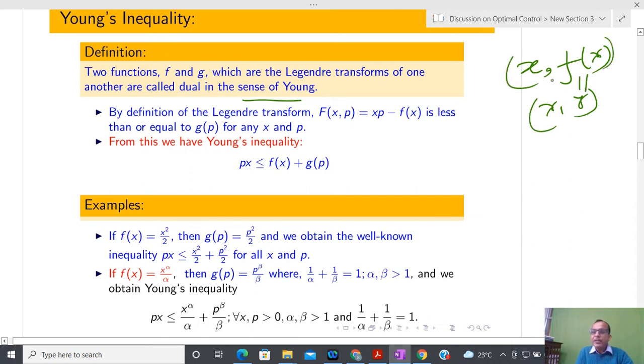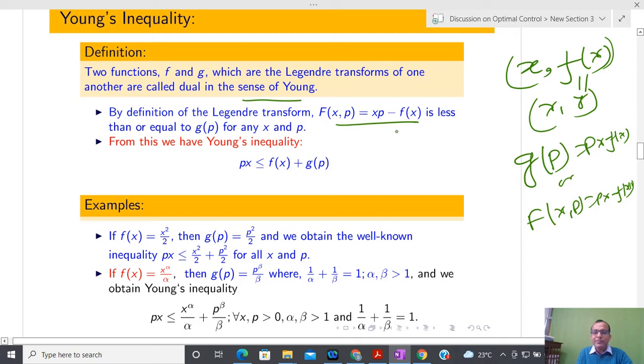After that, if I apply the Legendre transformation, then that is converted into g(p). So either you can write like this, or you can write f(x,p), because a function of both p and x, you can write like this, that is also equally fine. It is possible to show that px is less than or equal to f(x) minus g(p).